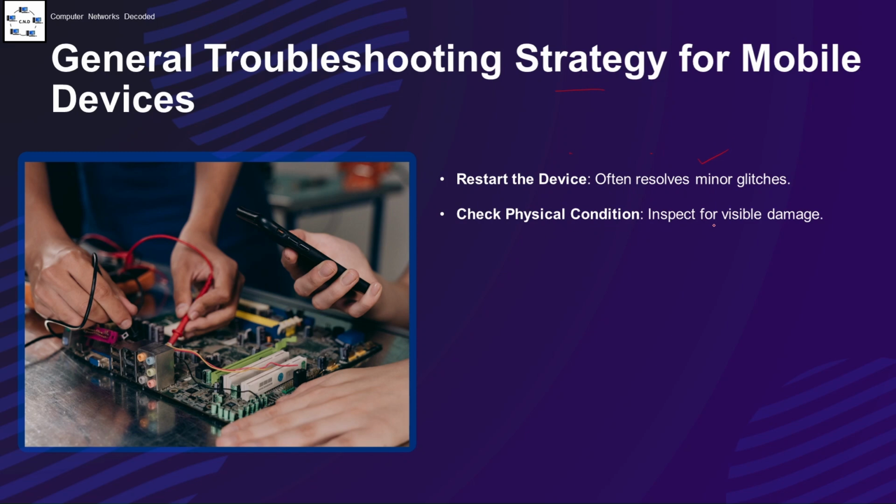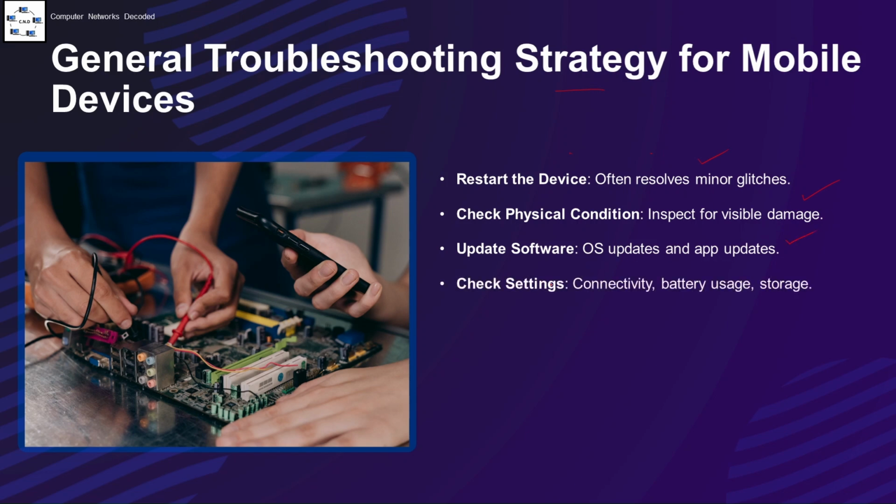Check the physical condition, inspect for visible damage to the mobile device port or screen. Update the software, update the operating system and other applications. Check settings, check the connectivity, battery usage, and storage settings.